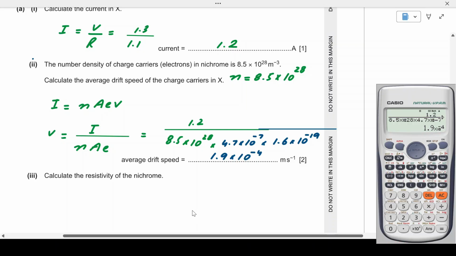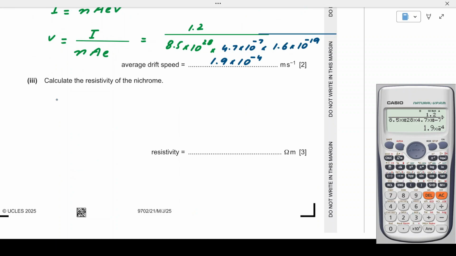Calculate the resistivity of the nichrome wire. Okay, R equals to rho L over A. You see, same formula we have been using several times. So resistivity equals to R into A divided by the length.